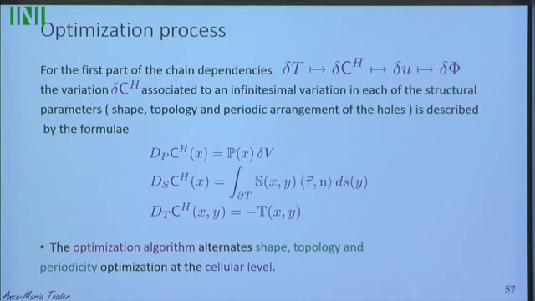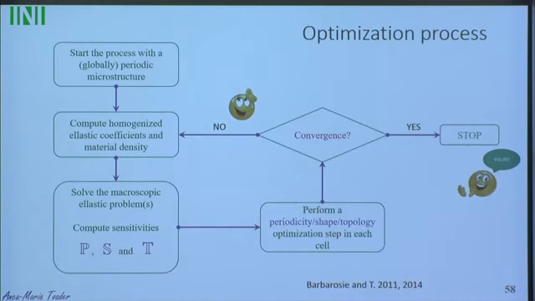So the optimization algorithm will do all this at the cellular level, let's say not at each point, but in every macro finite element of the structure. So this is the optimization process. We start with a globally periodic structure.